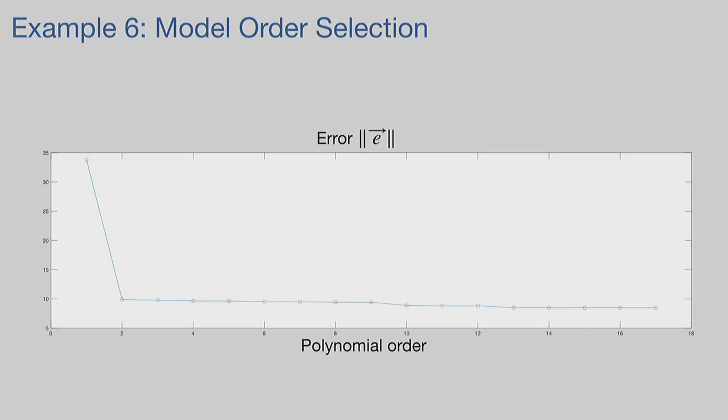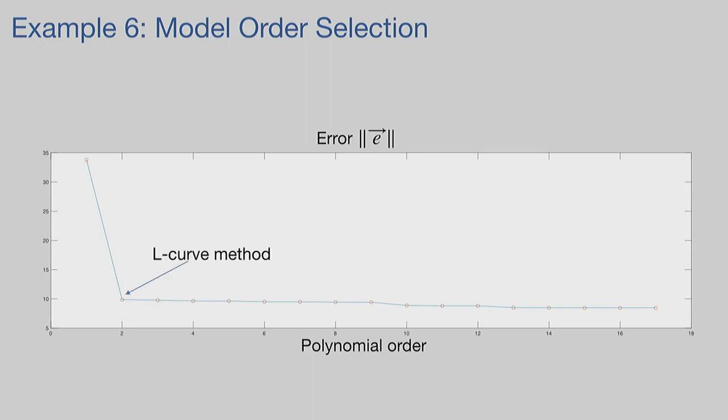Fourth, fifth, you know? So you think of nature, she likes to have things simple. So you can think of, well, what is my simplest model that actually fits the data? And if I stare at this, I would say, you know what, there's a big jump from 1 to 2, but there's a very small jump after that.